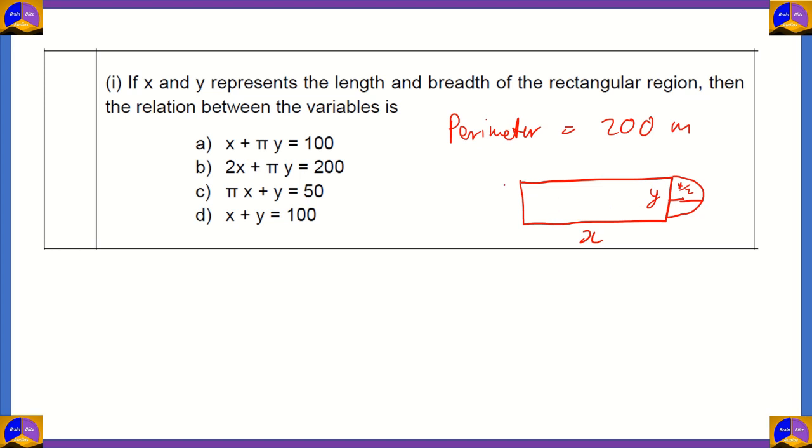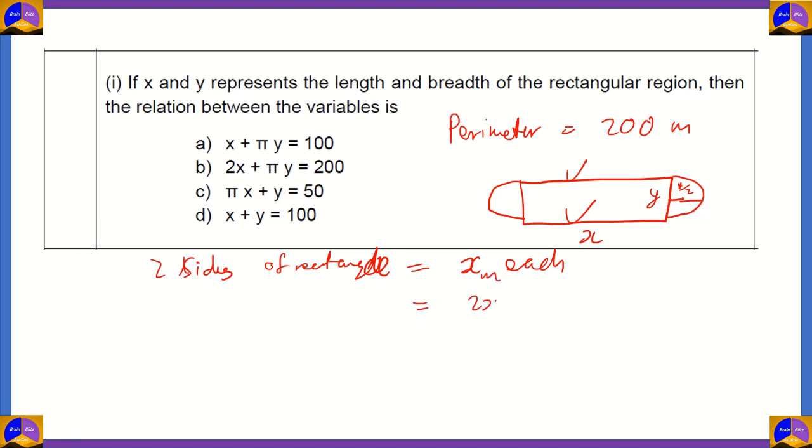In order to find the equation for the perimeter of the region, we need to consider the length of the rectangle and the semicircular arcs. The 2 sides of the rectangle which we are considering, this part and this part, are both of length x meters each. So we will have a total of 2x contributed by the rectangle.